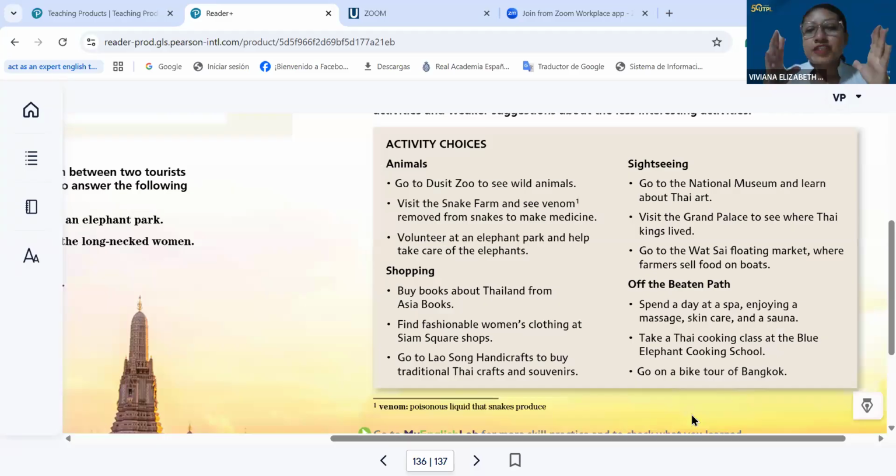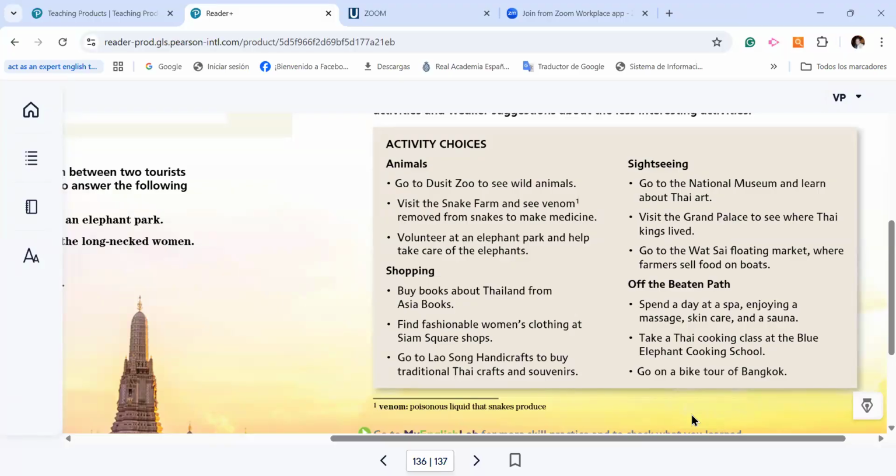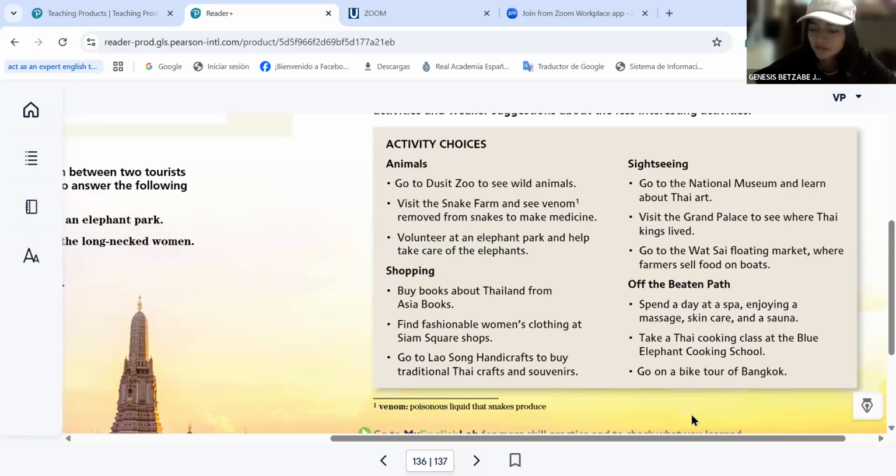Did you make a chart or a table with the classification of less and more interesting activities? Do you have it or not? Or you just share orally? We shared orally. Okay, no problem. So let's start, please. Any of you? Teacher, we want to make in a book a chart about the most and the less.